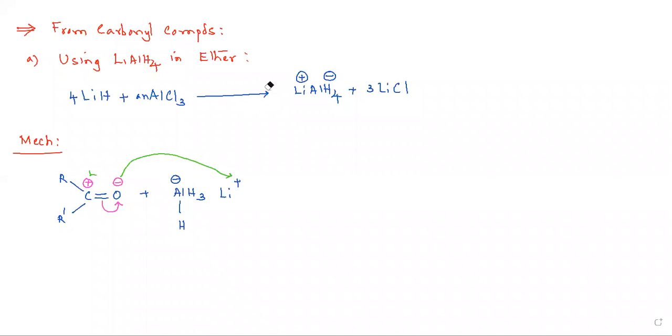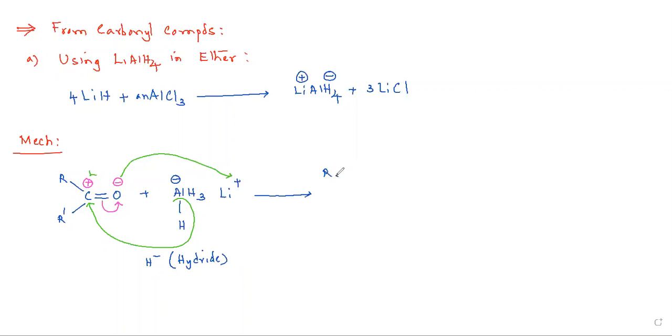This negative has to be from H minus, because the negative itself is because of this. So that the negative charge will go off. Now this hydrogen is moving away in the form of hydride, I mean with the bonded pair of electrons.